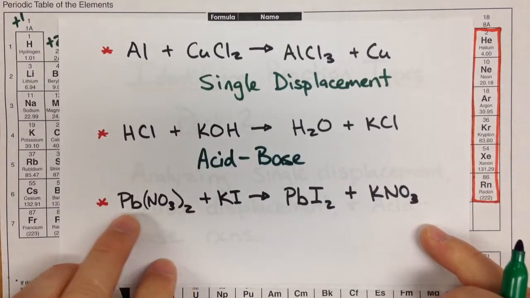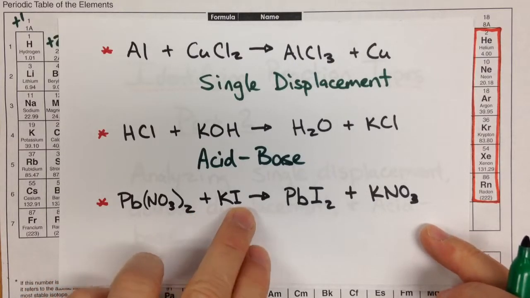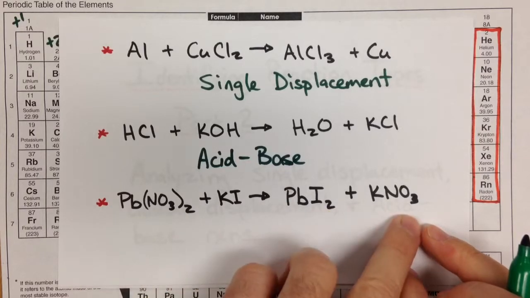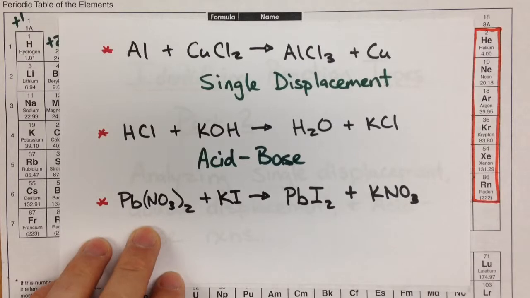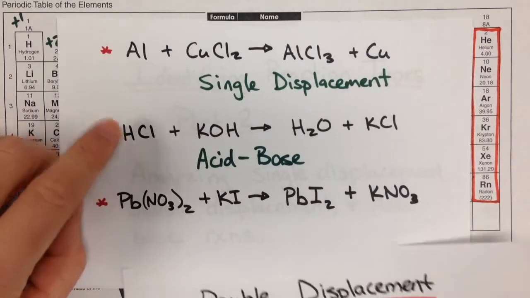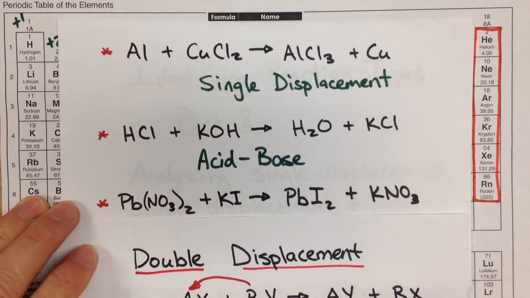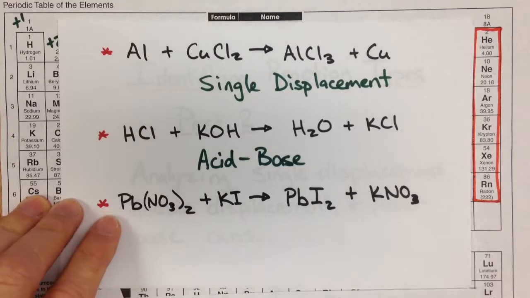Now let's look at this final one. In this final chemical reaction, we have lead 2 nitrate combining with potassium iodide, forming lead 2 iodide and potassium nitrate. And here we definitely have a double displacement reaction. You can tell it does not take the form of that acid-base reaction, but let's annotate this to show you the displacements that are taking place, just to make sure we're perfectly clear.